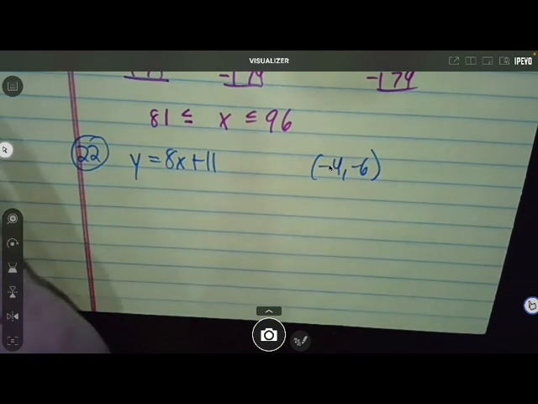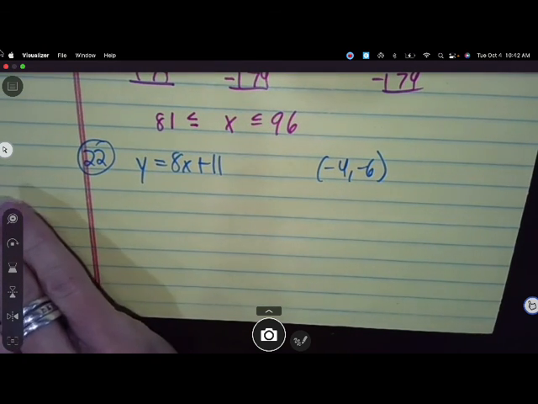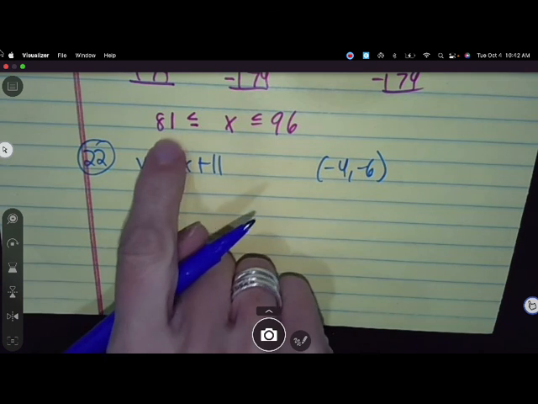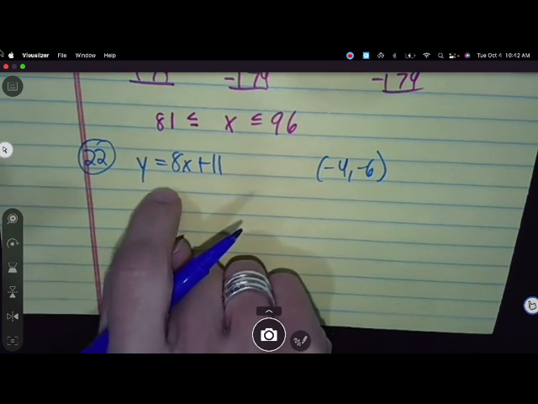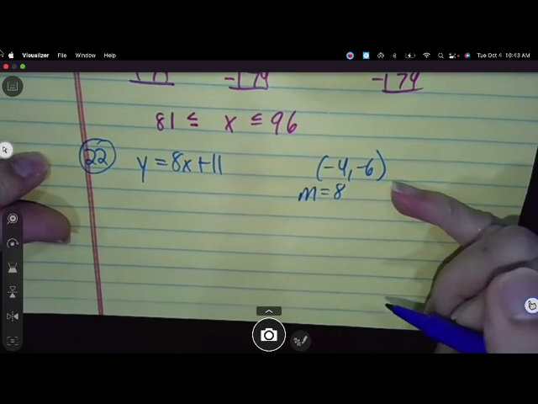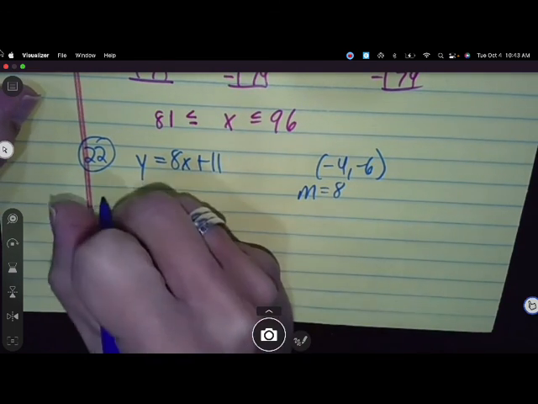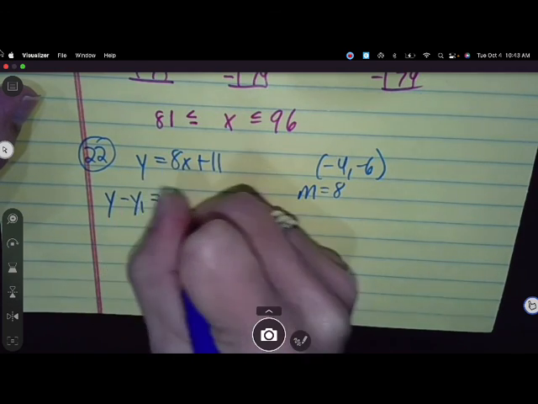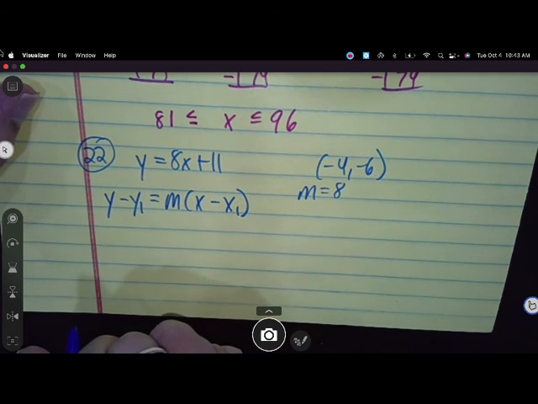What does parallel mean? Why does it tell me that? They don't cross, but what's important about saying it's parallel? Their slope is the same. What is the slope of this one? 8. So I know my slope is 8, and here's my point. If you forgot the form, point slope form is on the board. It's y minus y1 equals the slope times x minus your x value.